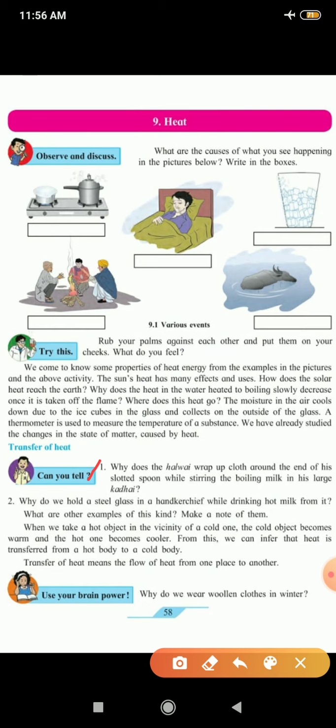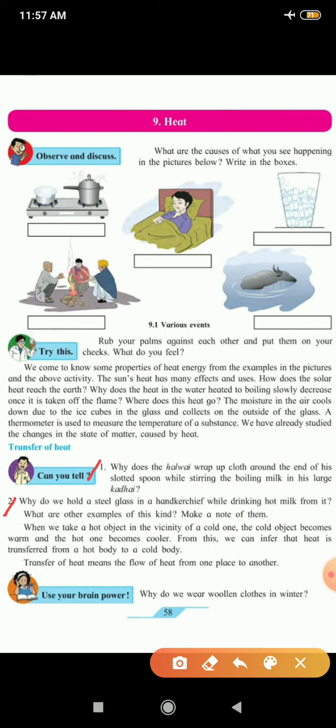So, the halwai wraps a cloth around the spoon because cloth is a bad conductor of heat, so it does not allow the heat to reach the hand. Have you followed it? Okay, that is the first answer.